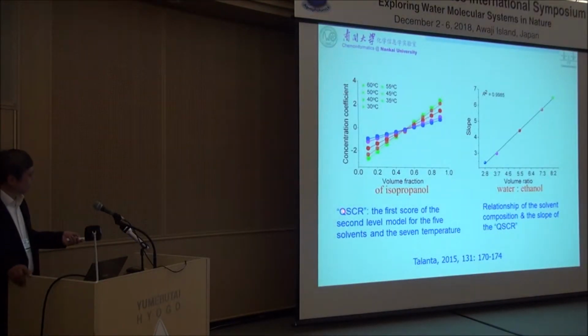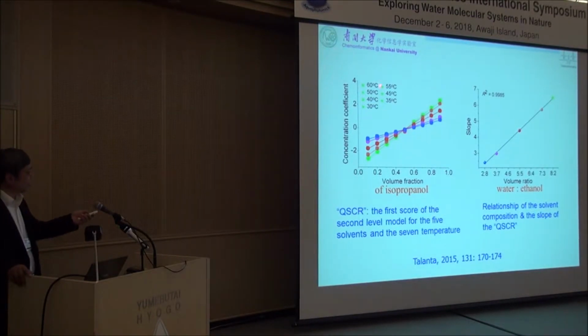And if we examine the result of the second level, we can also get 5 straight lines. But each point includes the 7 temperatures. This means in the second level model, the temperature effect was completely removed.